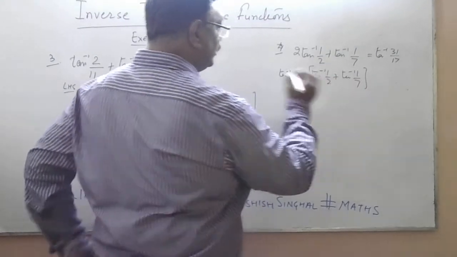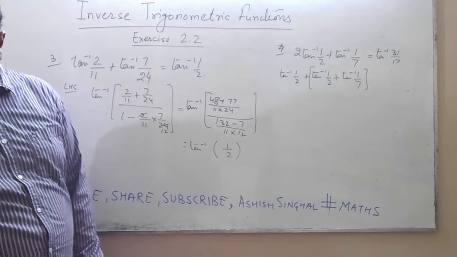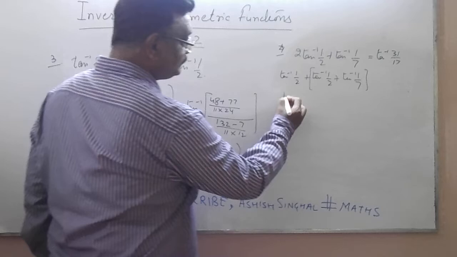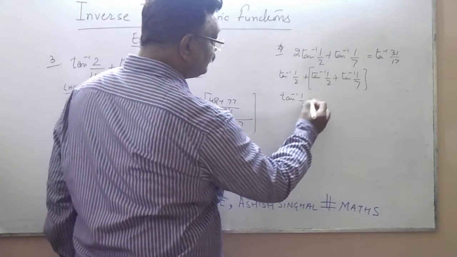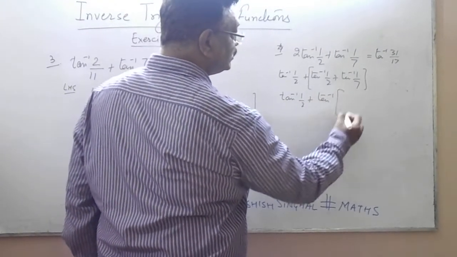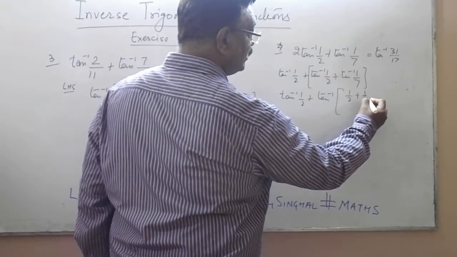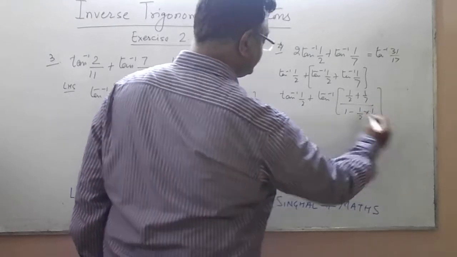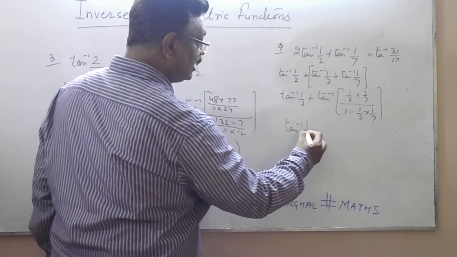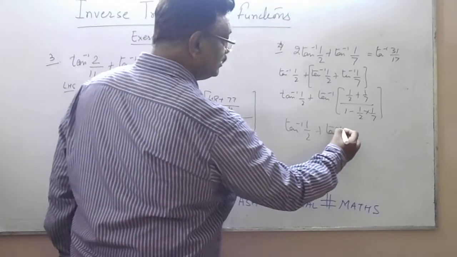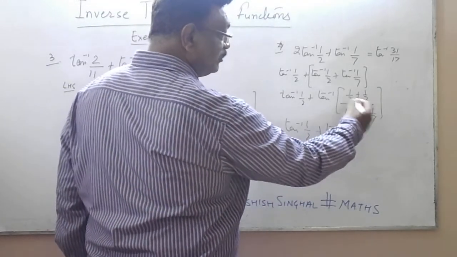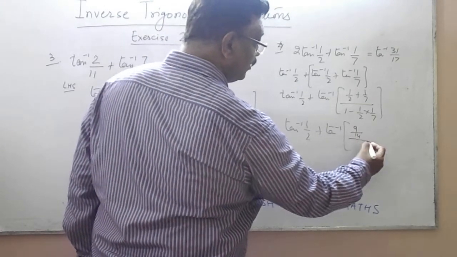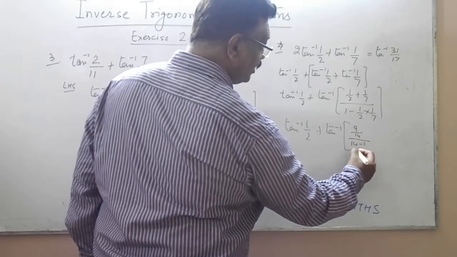They use the identity between tan inverse half plus tan inverse 1 by 7. Applying the identity, we get tan inverse half plus tan inverse of (x plus y) upon (1 minus x into y). So this is again tan inverse half plus tan inverse, we take the LCM 14, so this becomes (9 by 14) upon (14 minus 1 upon 14).